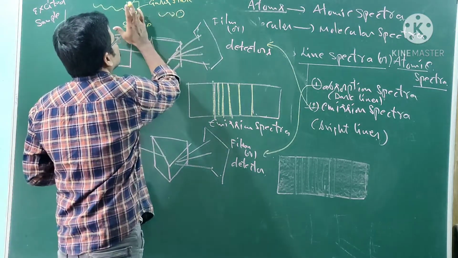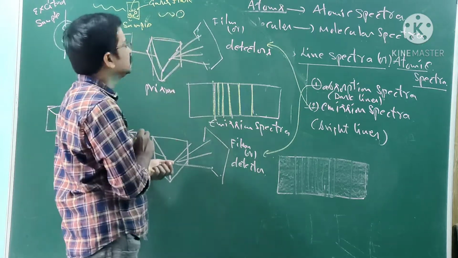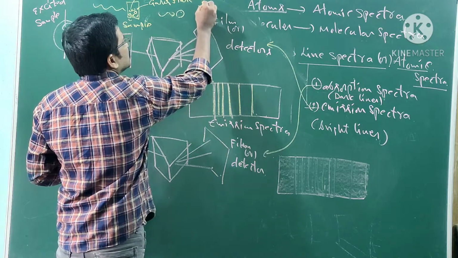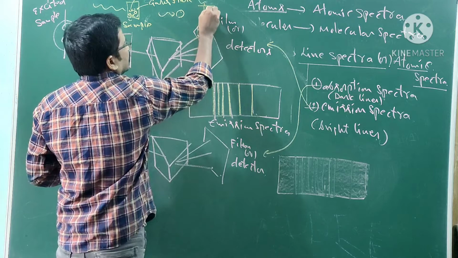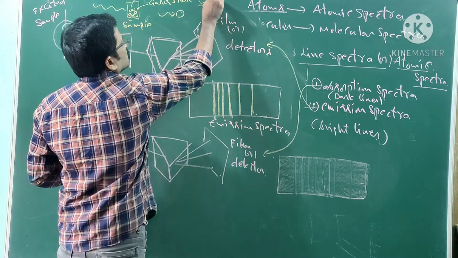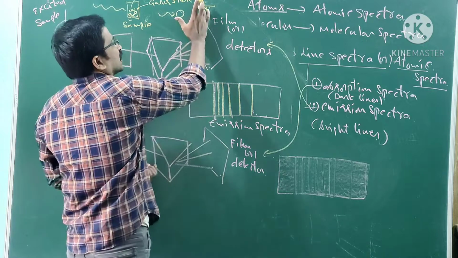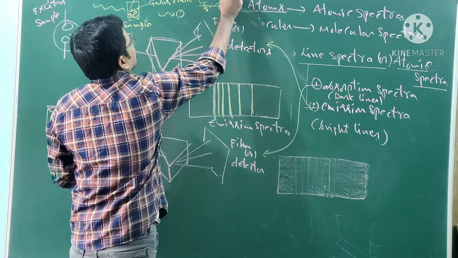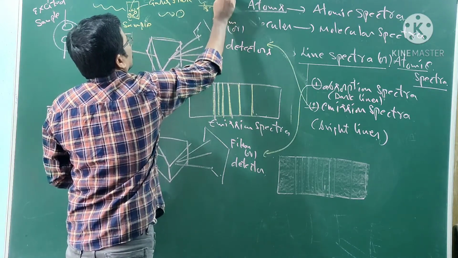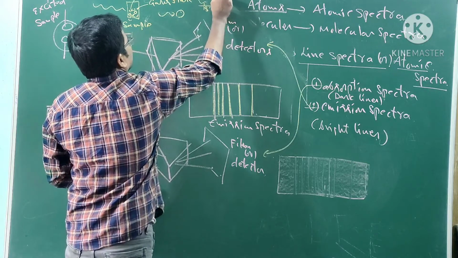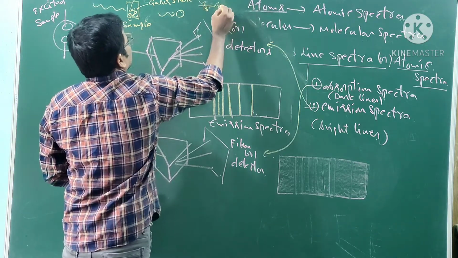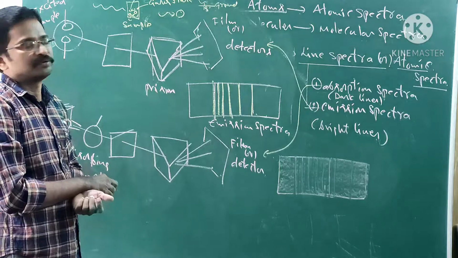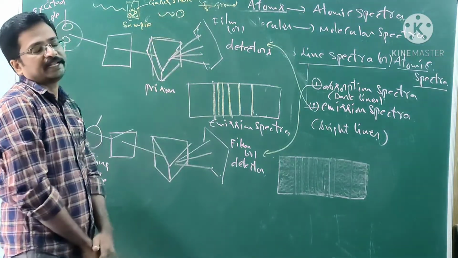Whenever the atom absorbs some radiation, an electron goes from a lower energy state to a higher energy state. For example, from the 1s state it can go to 2s1. Like this, the electron goes from the lower energy or ground state to the excited state.